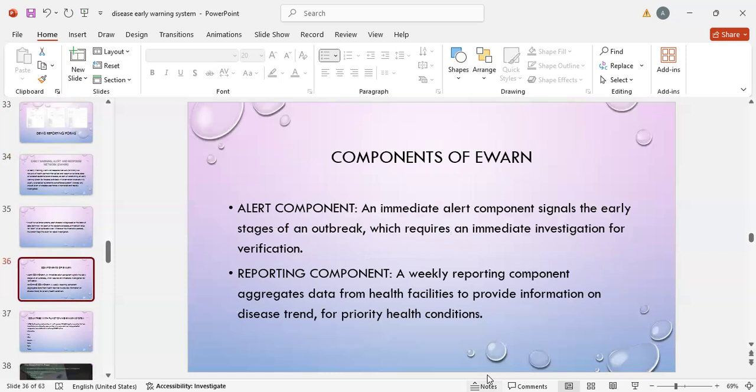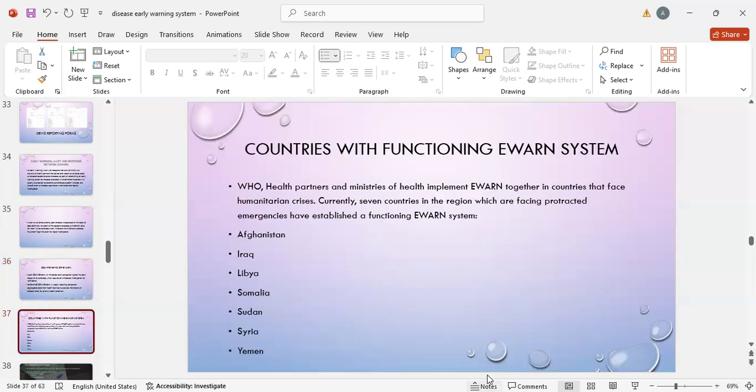Components of EWARN: alert component and reporting component. In the alert component, an immediate alert signals the early stages of an outbreak, which requires immediate investigation for verification. In the reporting component, a weekly reporting component aggregates data from health facilities to provide information on disease trends for priority health conditions.